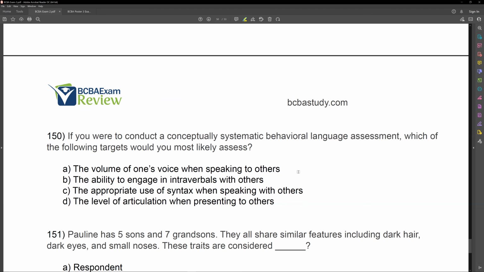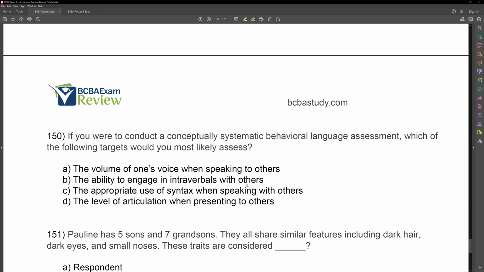A, the volume of one's voice when speaking to others. What are verbal operants? What is behavior? When we talk about language and verbal operants in terms of behavior and radical behaviorism, what are we referring to? We're referring to the function of the language. The volume is the form. We're looking for a conceptually systematic behavioral assessment. So we're looking for the function.